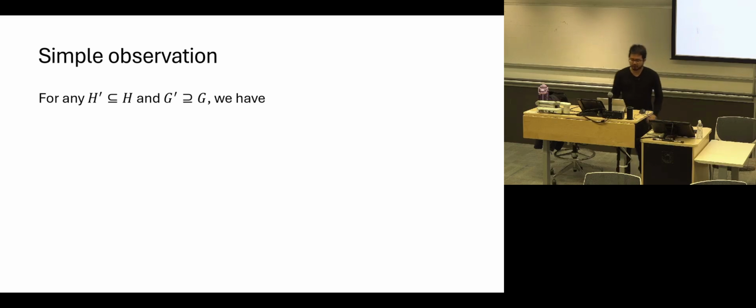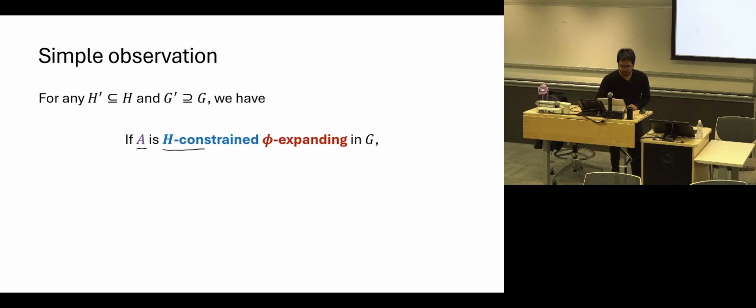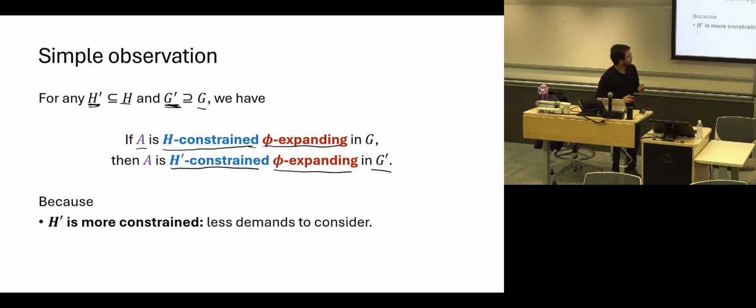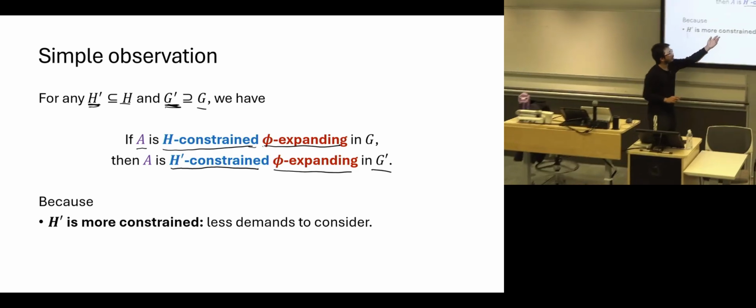So one simple observation again is that if A is H-constrained phi expanding in G, then if you look at any subgraph H prime of H and any supergraph G prime of G, A would be H prime-constrained phi expanding in G prime. Let's see why. First, H prime is more constrained.